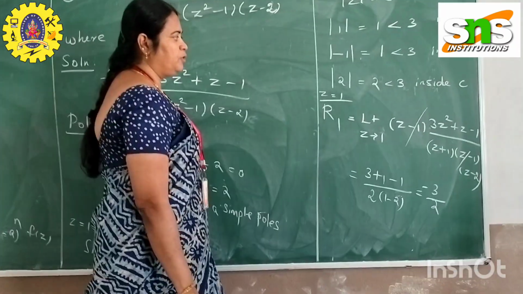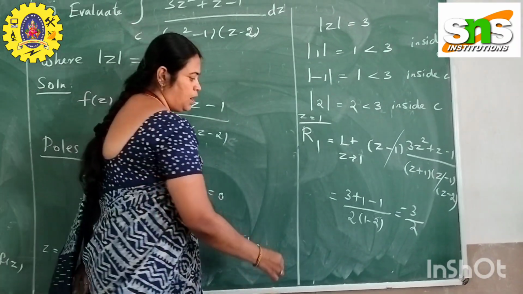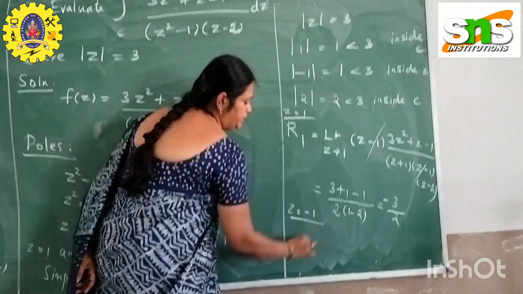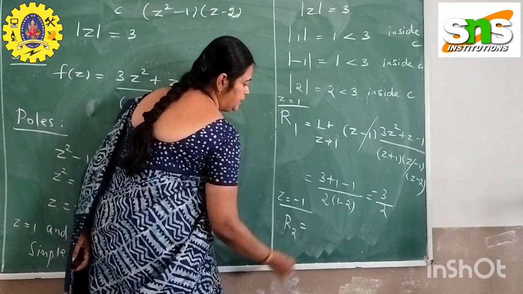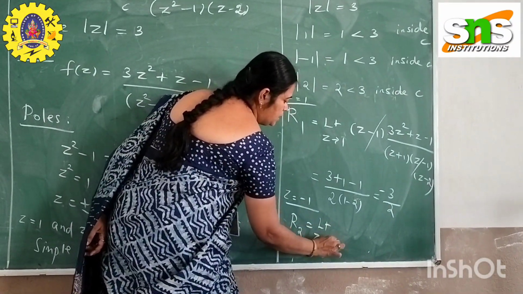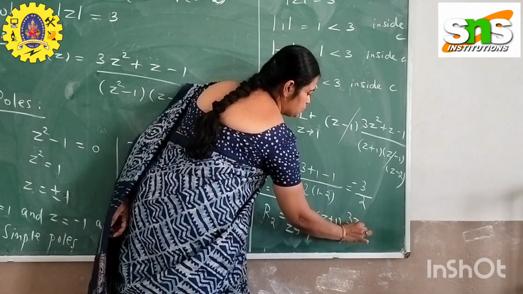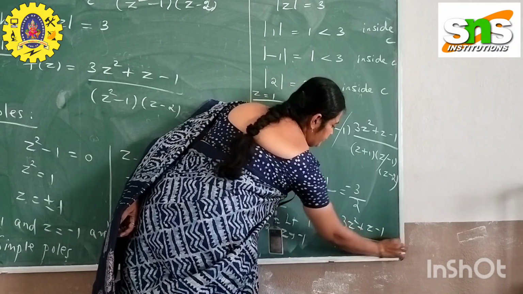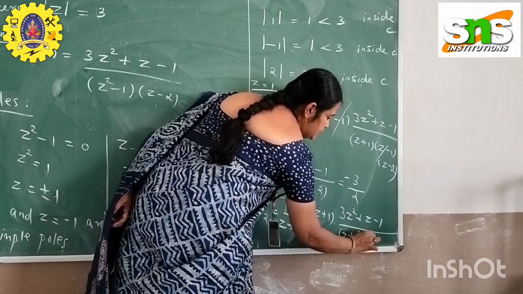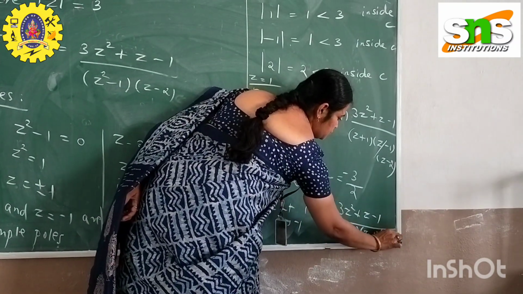Similarly, we can calculate residue R2 for z equal to minus 1. R2 is given by the limit as z tends to minus 1 of z plus 1 into 3z square plus z minus 1 divided by z plus 1, z minus 1, z minus 2.